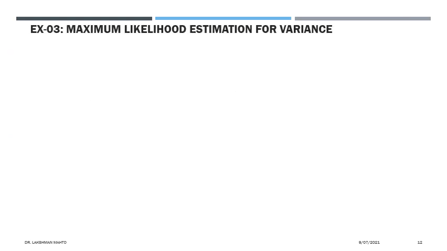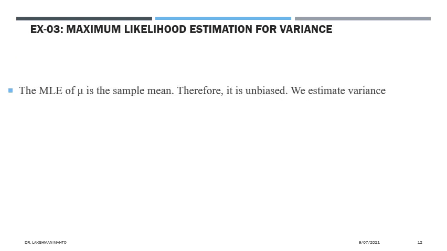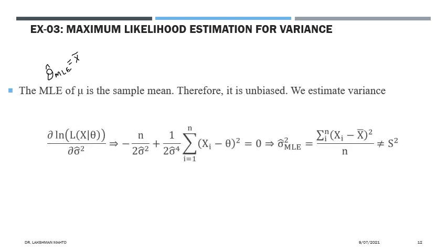Now we will try to find another thing, the estimator of variance. So one job is done. The estimator we got through the maximum likelihood approach is an unbiased estimator, because it is a sample mean. Now we will find an estimator of variance.